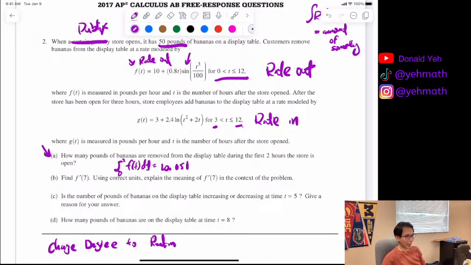Or actually, I will graph the function. In terms of decimals, I can take a derivative of the function and plug in 7. In terms of the calculator, I don't know if you know how to do that. If you don't, Anthony can teach you.